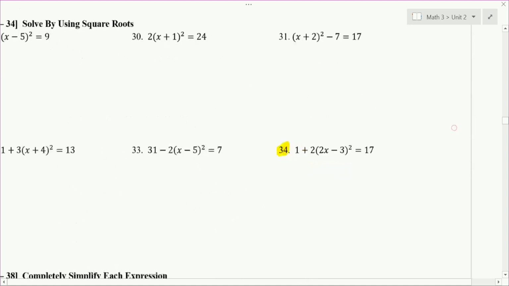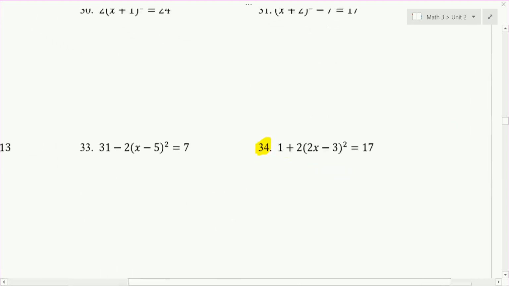Number 34, we're going to solve by using square roots. So to do that, we need to get the squared part by itself. We first subtract 1. Do not add the 1 and the 2, because that 2 is multiplied with the part with the exponent. If we followed order of operations, we'd have to do the exponent first, then multiplication, then addition.